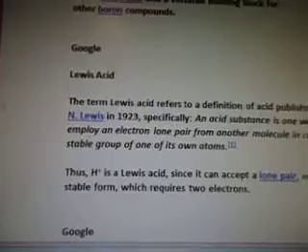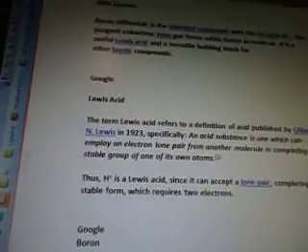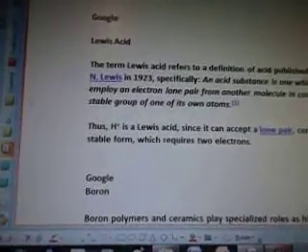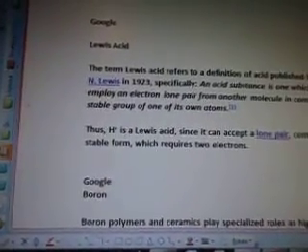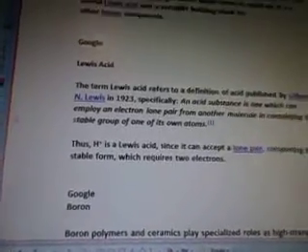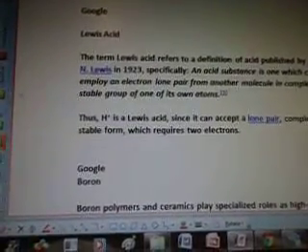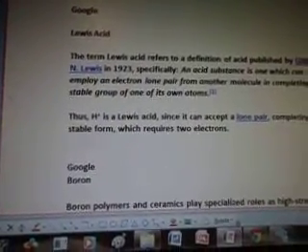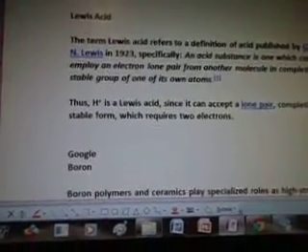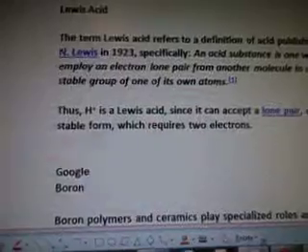The term Lewis acid refers to a definition of acid published by Gilbert N. Lewis in 1923. Specifically, an acid substance is one which can employ an electron lone pair from another molecule in completing the stable group of one of its own atoms. Thus, H+ is a Lewis acid since it can accept a lone pair completing its stable form, which requires 2 electrons.